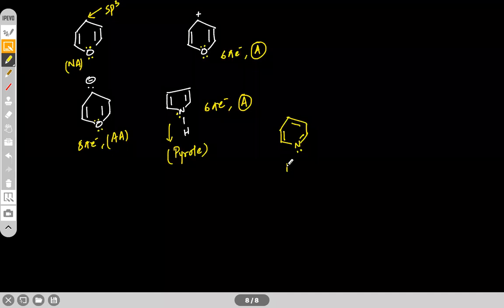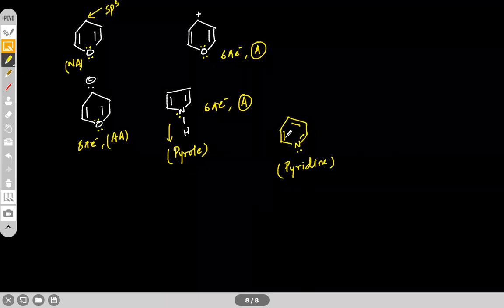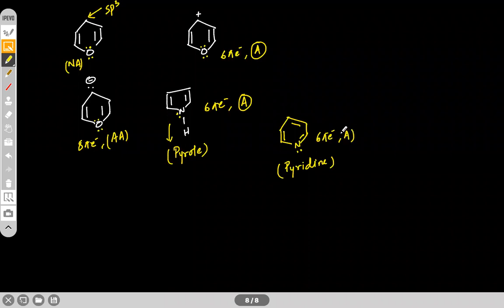Okay, the name of this compound is pyridine. This lone pair in pyridine is not involved in resonance. 2, 4, 6. It has 6 pi electrons and it is aromatic in nature. Understood?